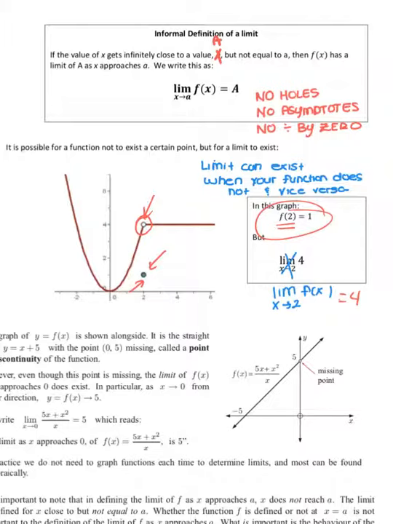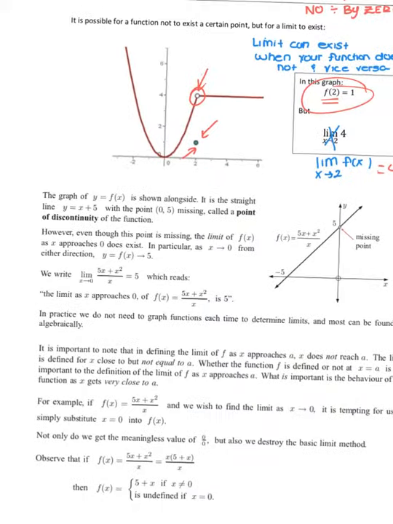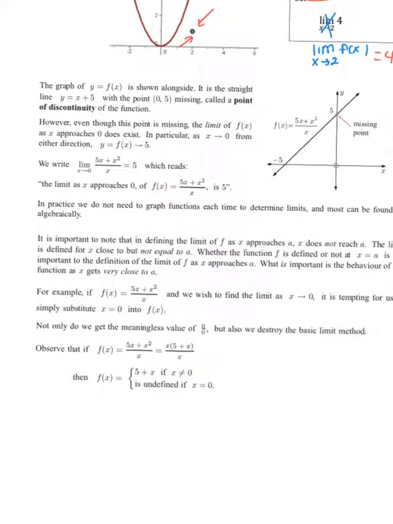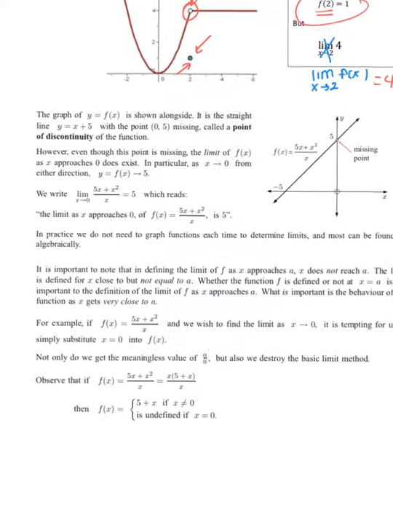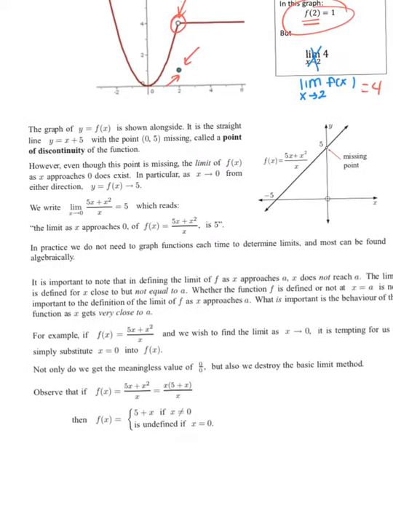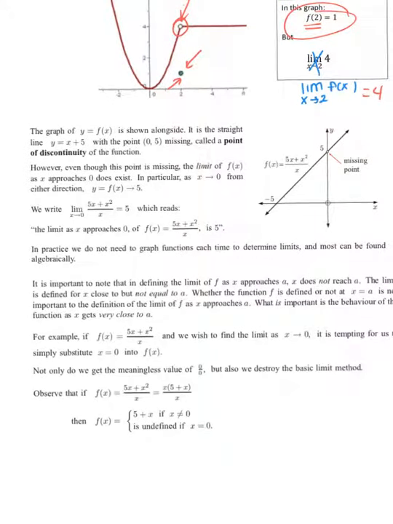Now, I actually pasted this part of your book in here that I just want to read through because I think they do a really good job explaining it. So, they say that the graph of y equals f of x is shown alongside. It is the straight line y equals x plus 5. With the point 0, 5 missing, there's a hole in the graph. Your graph is no longer continuous.